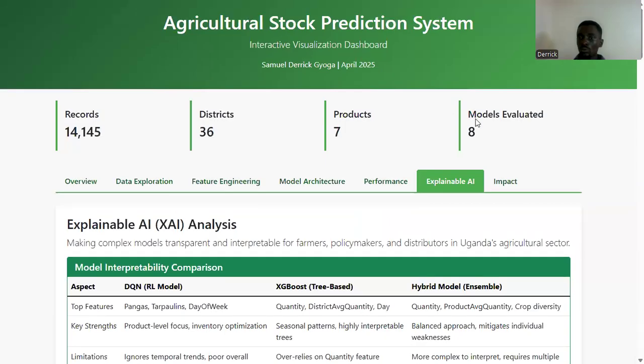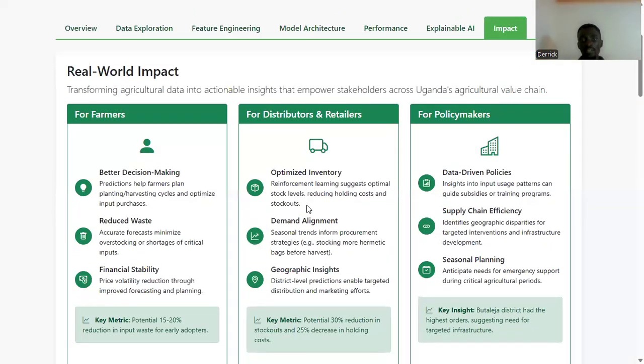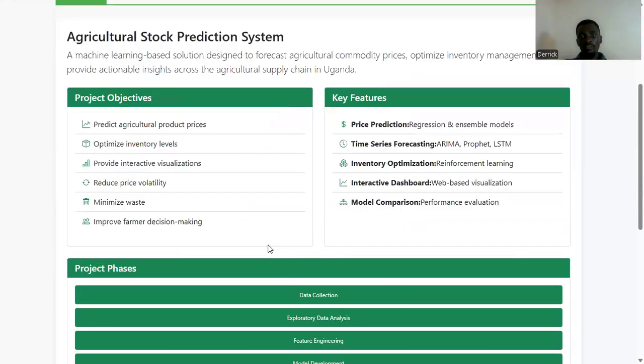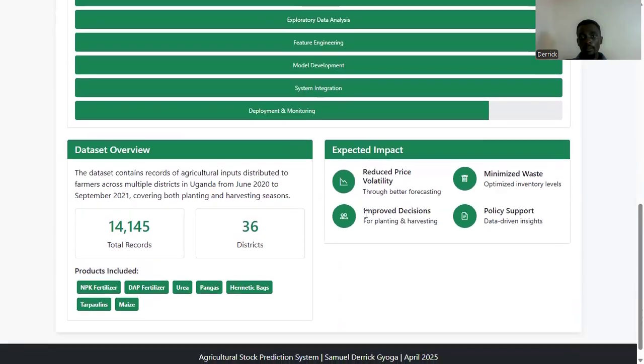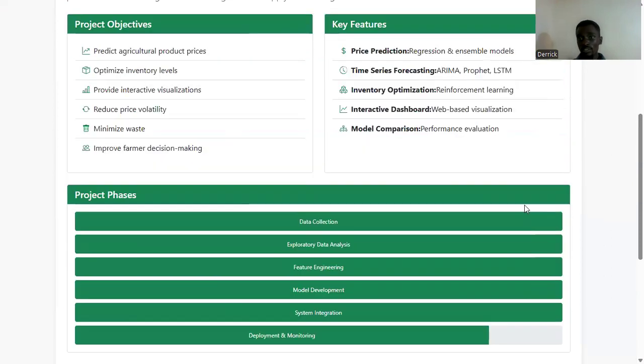Then lastly, we go to our impact for farmers, distributors, retailers, and policy makers. As we said in our first slide, the expected impact is to reduce price volatility through better forecasting, optimized inventory levels, improved decisions, and policy support.